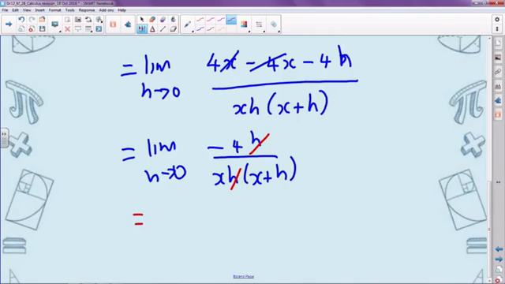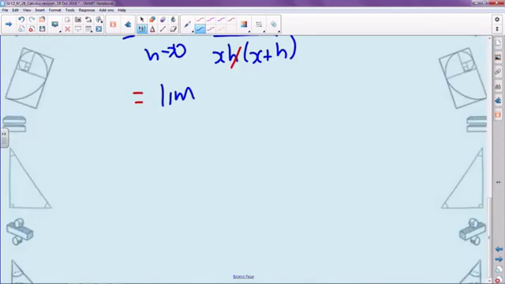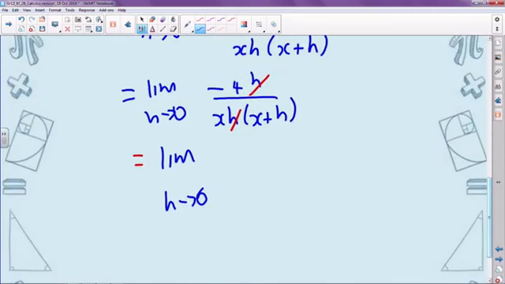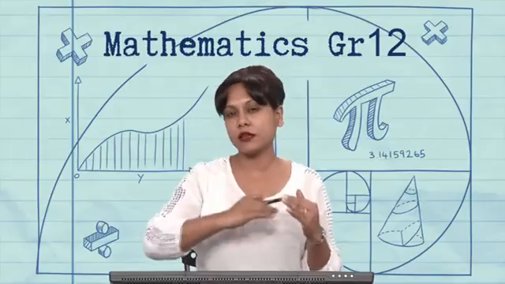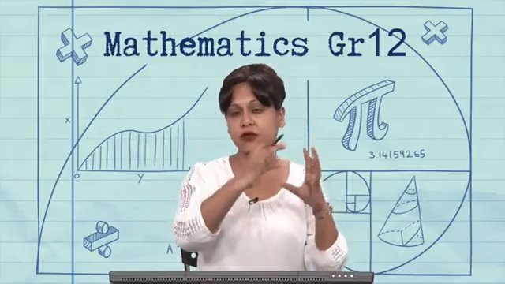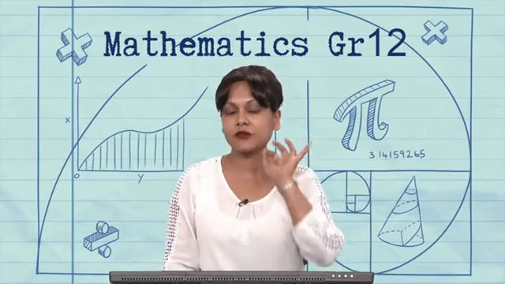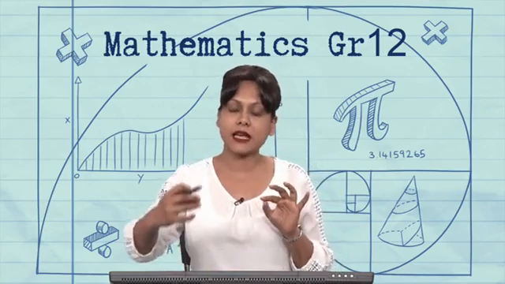So this is going to give me the limit as h tends to 0 of negative 4 over x times x plus h. Okay. The other thing you've got to remember is you cannot get rid of the limit as h tends to 0 or put an equal to, just the whole derivative of f of x is equal to, until you've actually then tended h to 0.